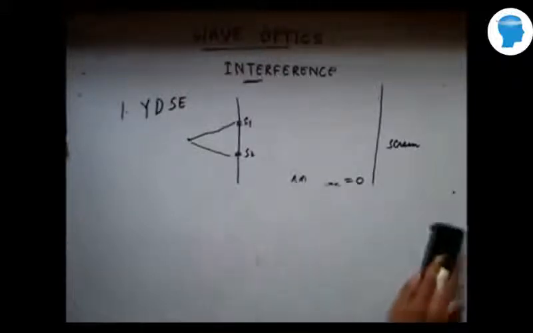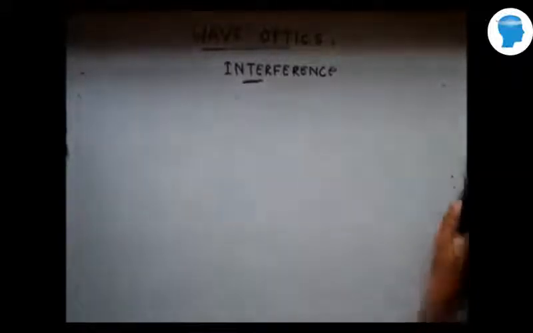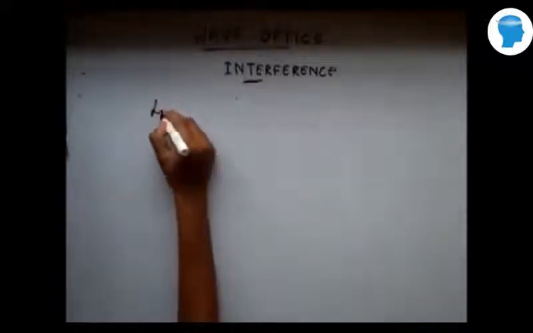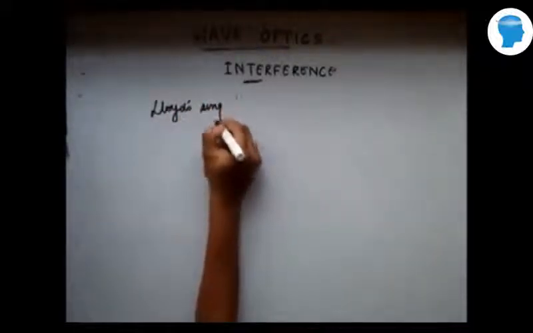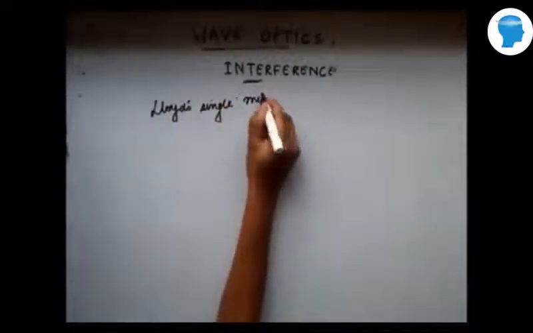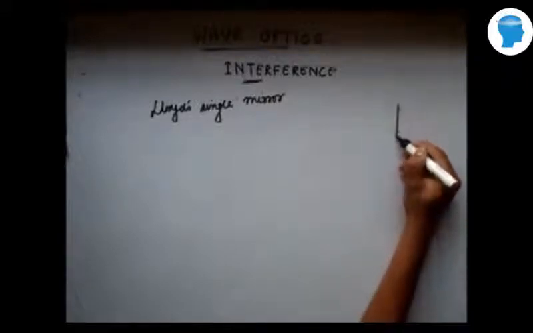Now let's take another example where we produce two coherent sources with the help of a mirror. This setup is known as Lloyd's single mirror. In Lloyd's single mirror, we have a screen here.